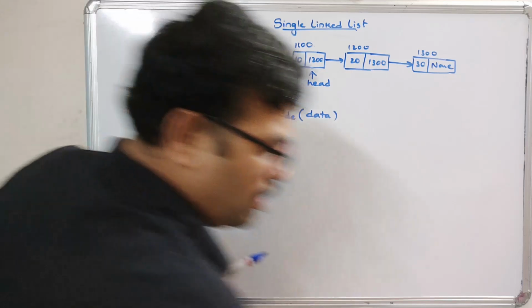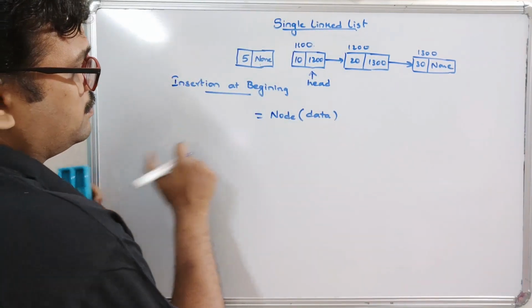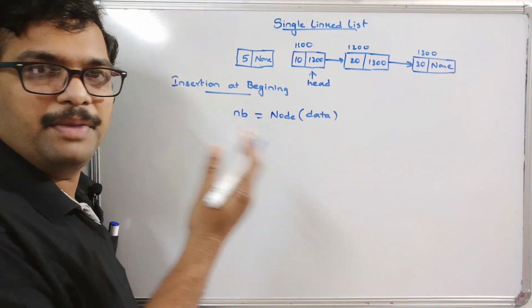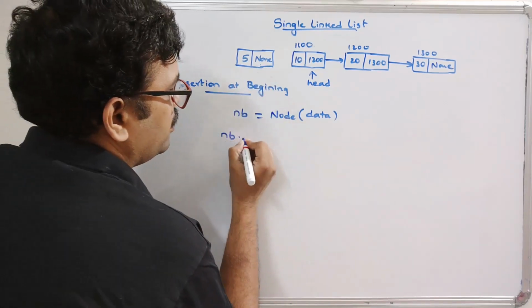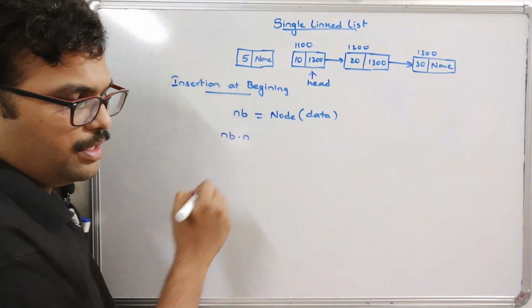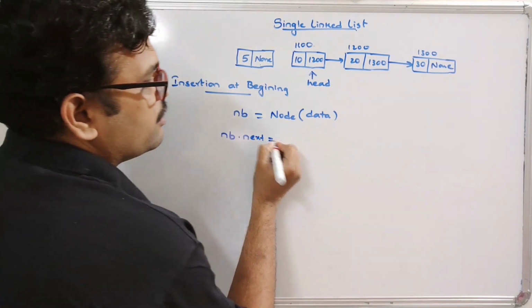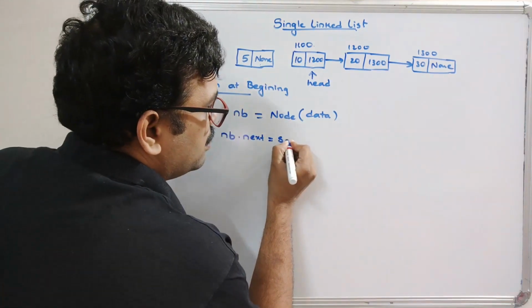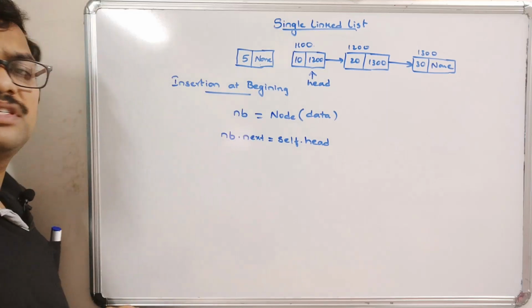For example, let us consider the shortening NB, new node at beginning. Okay, new node at beginning. So NB dot next is equal to self dot head. So this is the first step we have to do.